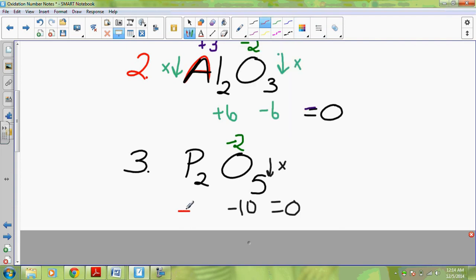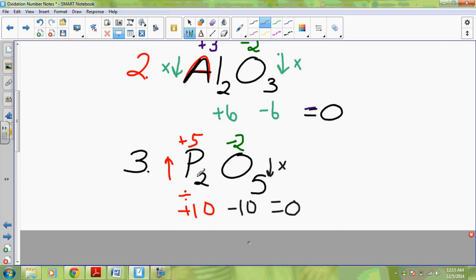Let me get another color up here. All +10. So +10 minus 10 equals 0. So how does that help us? Well, that gives us the number that now we can divide by. So we got 10, and once again we're going up, and when we go up, we divide numbers. So 10 divided by 2 is, wait for it, oh, that's right, it's +5.